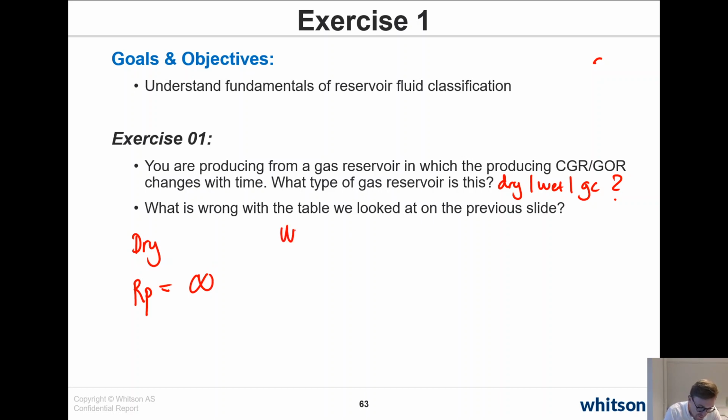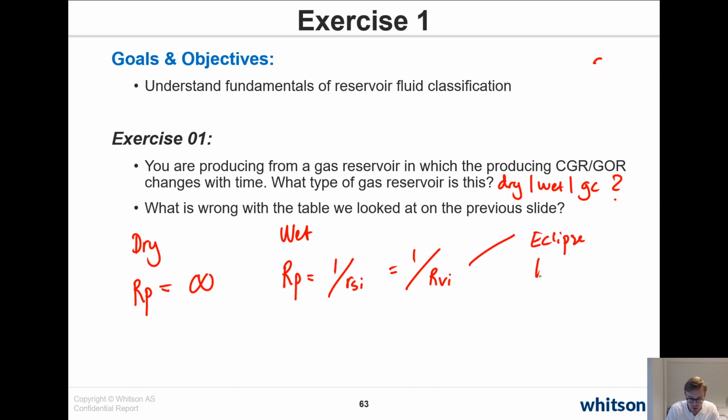For wet gas, we learned that the producing GOR is always equal to 1 over the solution GOR, also sometimes called the vaporized oil ratio in places like Eclipse, Harmony, ResFrac, and other simulators probably too in the industry. So we know that these are constant.